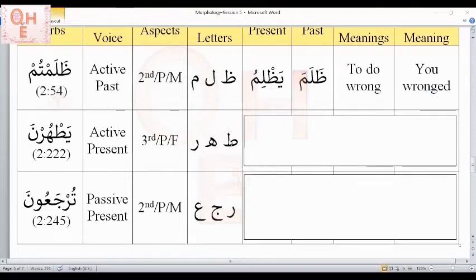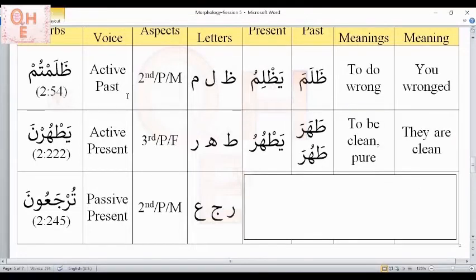Now let's look into our next set of root letters, ta, ha, ra. When we plugged in ta, ha, ra, what did we see? We saw two pairs of patterns: طهر يطهر, and we also saw طهر يطهر.